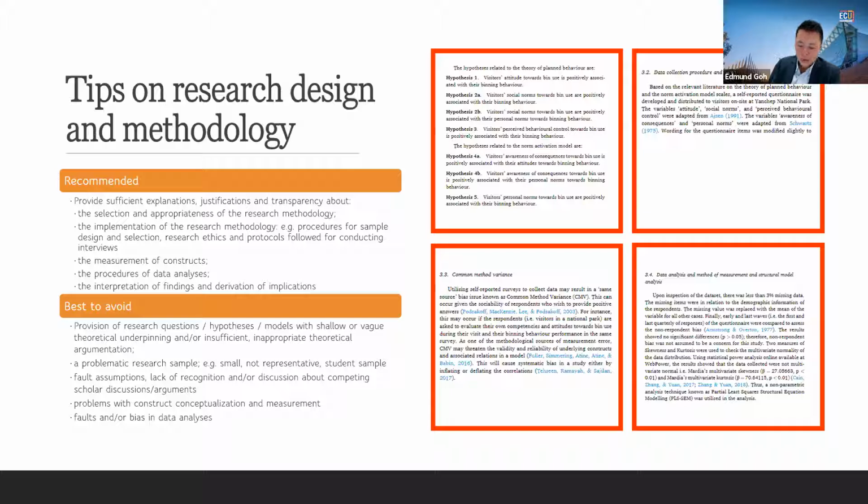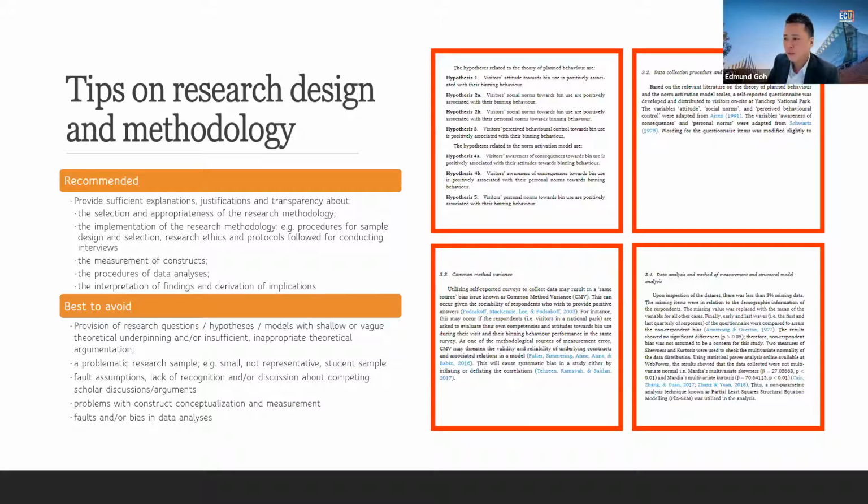One of the tips is the majority of the rejected submissions are due to a conceptually and methodologically weak research design, with limitations in areas like poor research questions, hypotheses and models.